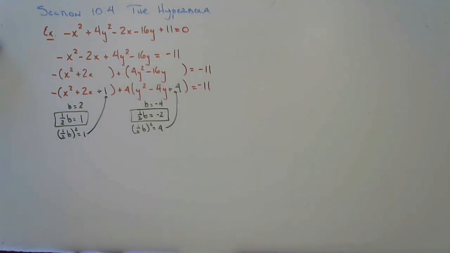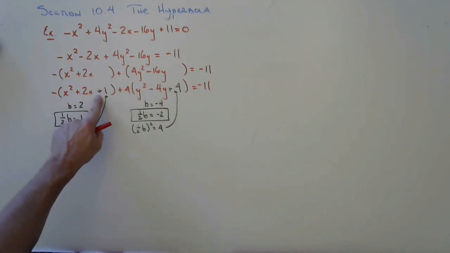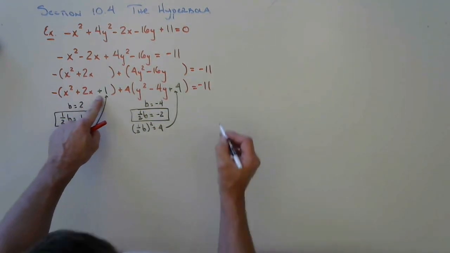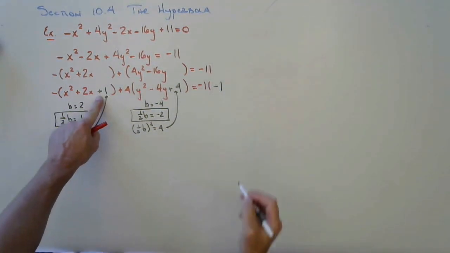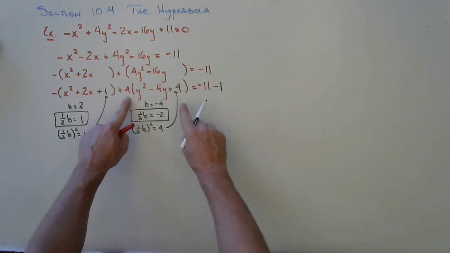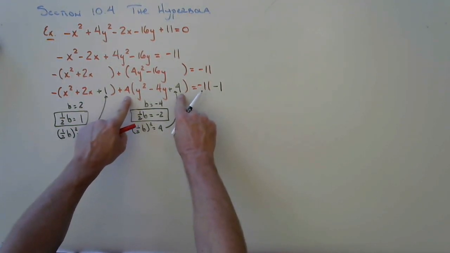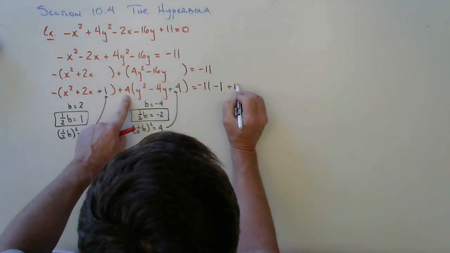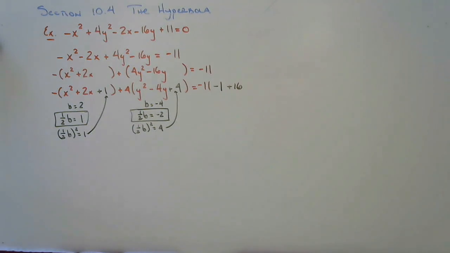Now we have to balance on the other side. We've added negative 1 to this side. Don't lose that negative sign. So we've got to add negative 1 to that side. Over here, we've added 4 times 4. We've added 16. So I have to add 16 to this side.